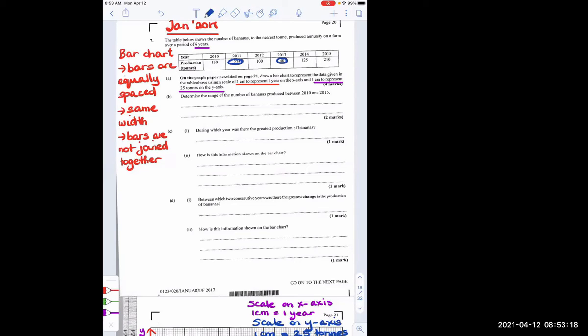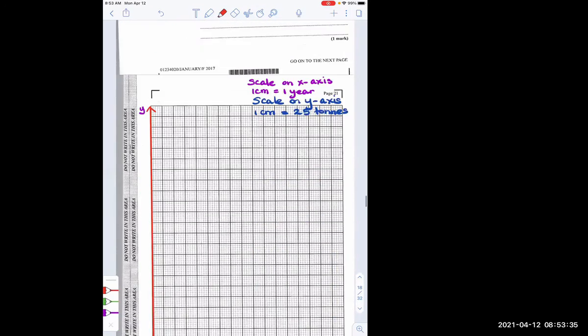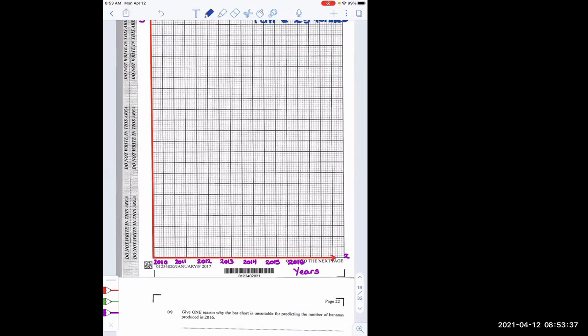Everybody could see that, right? Yes, miss. All right. So we have 275 and we have 40. Remember, we are counting in 25s. So we are going all the way up to 275. That is our tallest bar. So we're going back here. So we are starting to count 25.